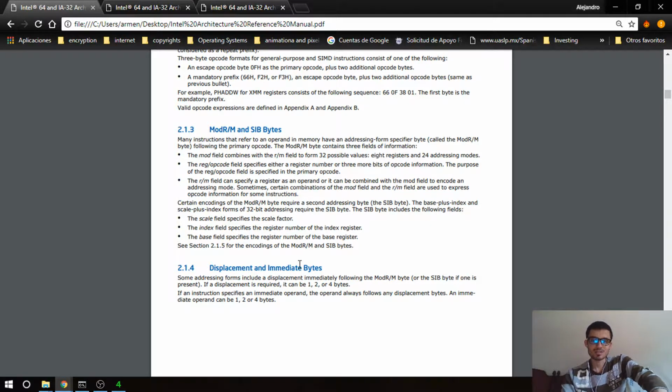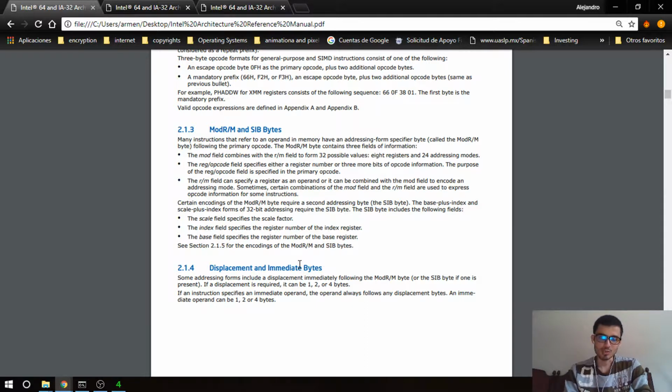Okay, look at this. Most of the encoding, the thing that I was talking about, the limitations that are going to be defined, are encoded inside the primary opcode.